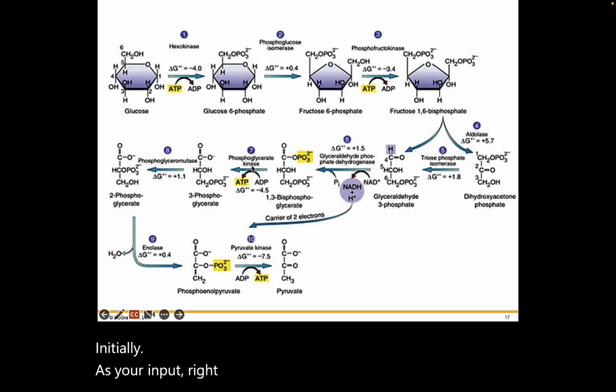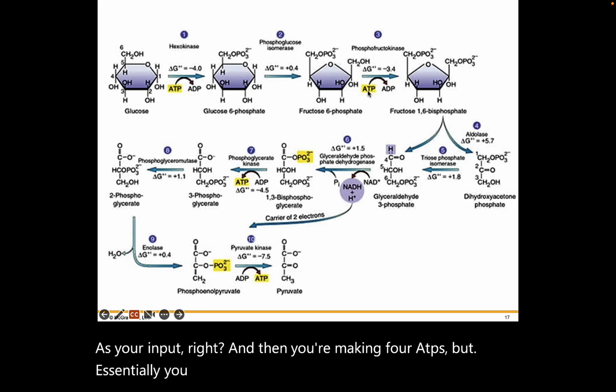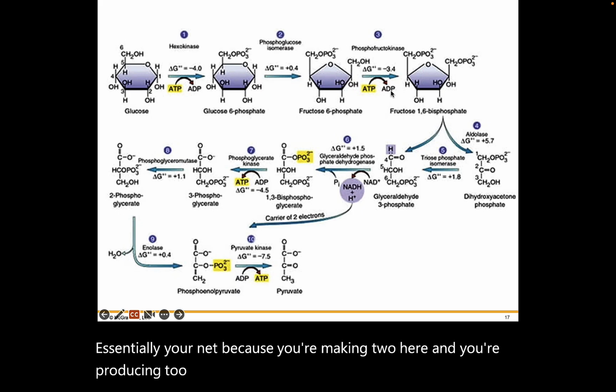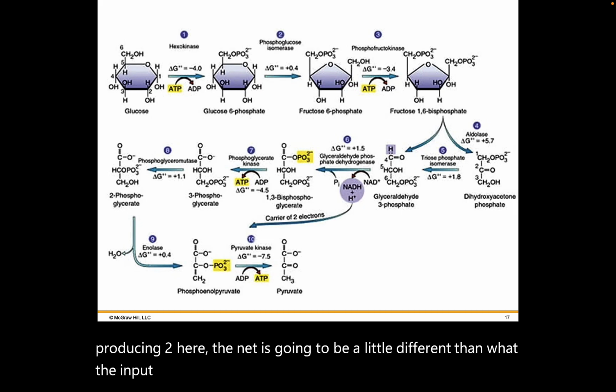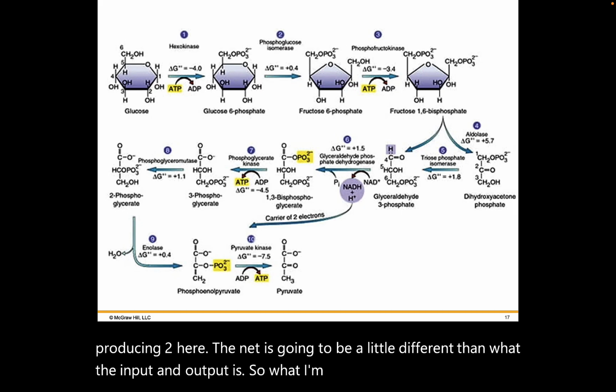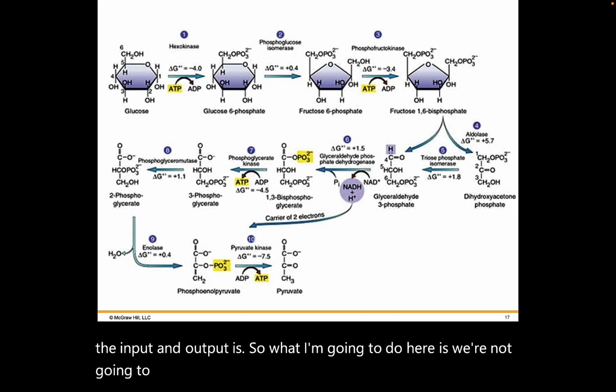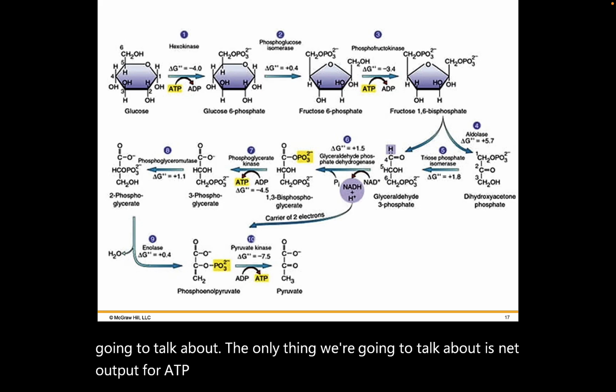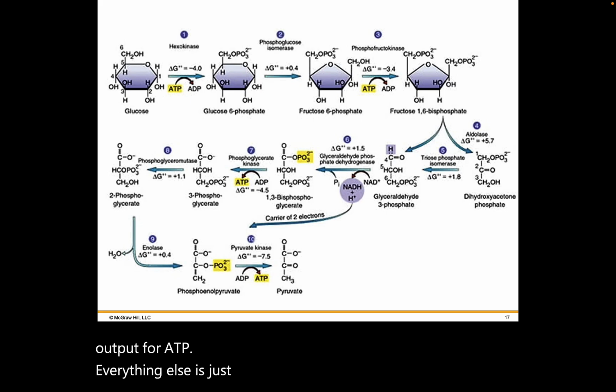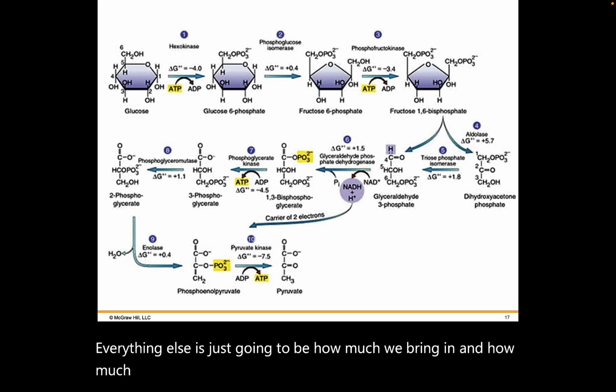And then you're making 4 ATPs, but essentially your net, because you're making 2 here and you're producing 2 here, the net is going to be a little different than what the input and output is. So the only thing we're going to talk about is net output for ATP. Everything else is just going to be how much we bring in and how much we let go.